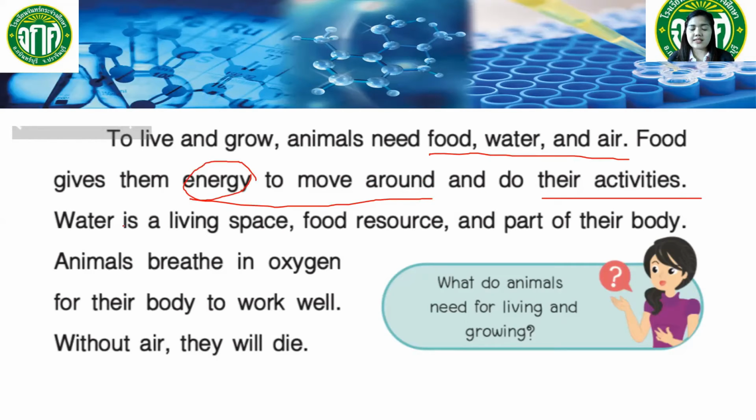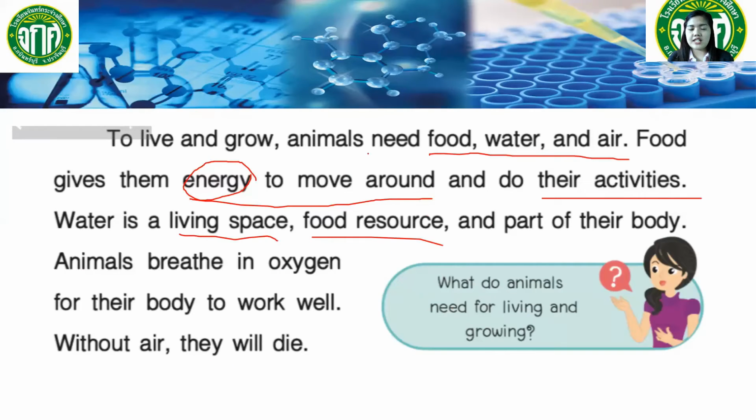Next, water is a living space for them to grow. Food resource and part of their body. So again, water is a living space, food resource, and part of their body. Next, animals breathe in oxygen for their body to work well. Without air, they will die.